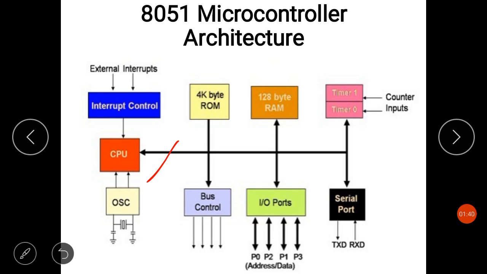Whatever program is written in the ROM, it interprets and carries out, and does the projected duty. This is how the central processing unit manages all the processes in the microcontroller. So the user has no power over the functioning of the CPU of the microcontroller.